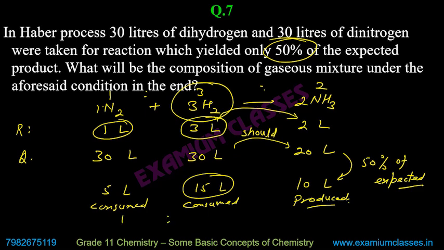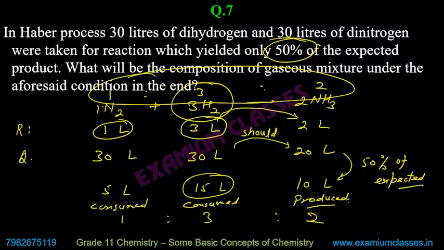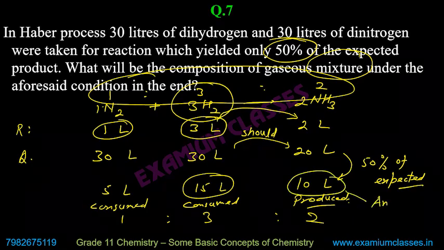If you see the ratio 1:3:2, it is as per the reaction. So this is consumed and this is produced. The question says, what will be the composition of the gaseous mixture, not product, the entire mixture? Means nitrogen, hydrogen, ammonia. So ammonia produced, yes, you got 10 liters. So this is one answer.